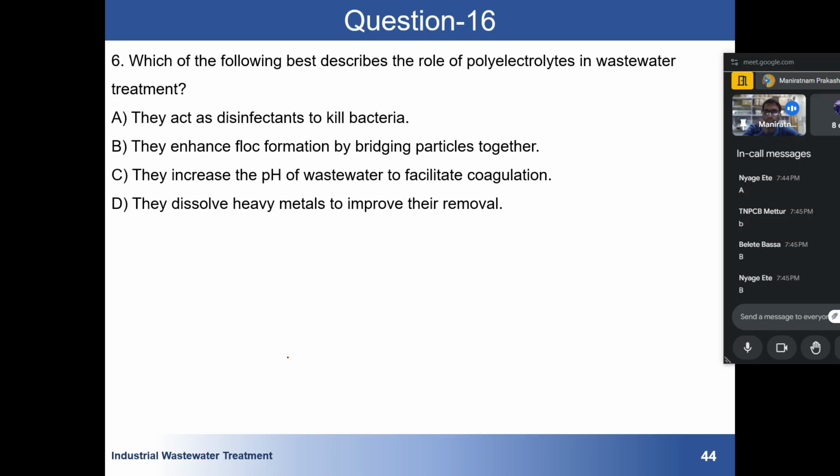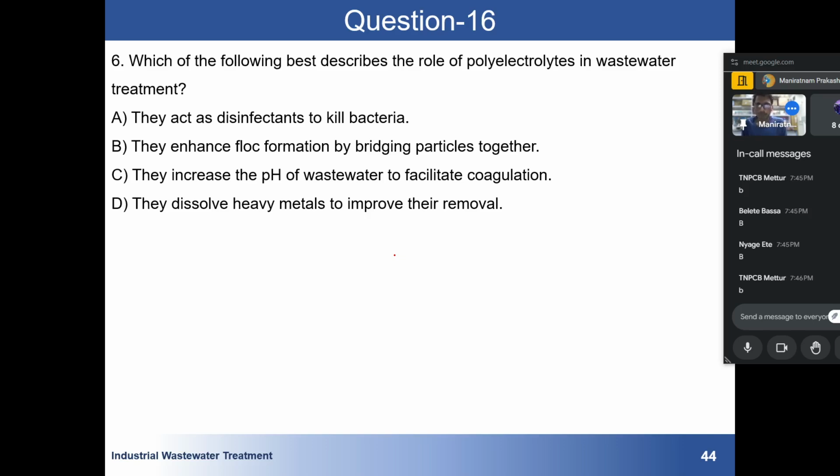Which of the following best describes the role of polyelectrolytes in wastewater treatment? If you recall the PDF, they have discussed what these polyelectrolytes are.